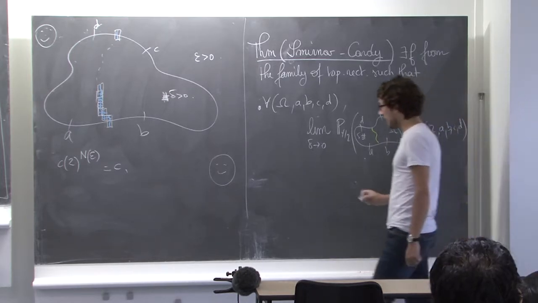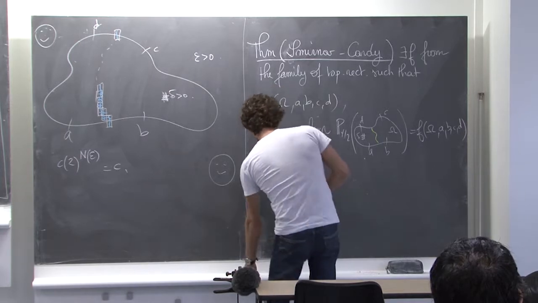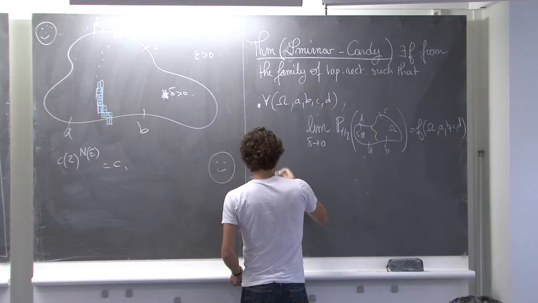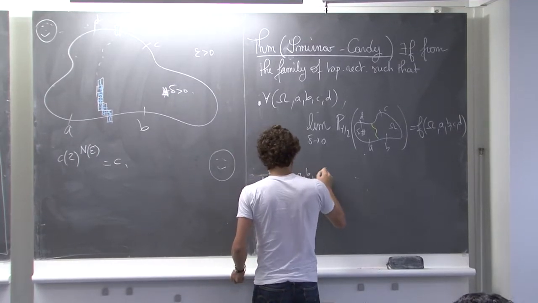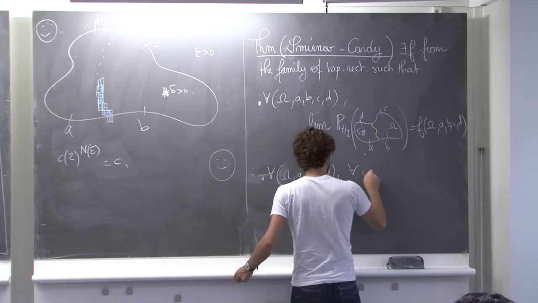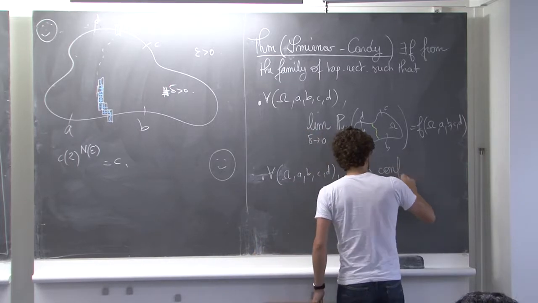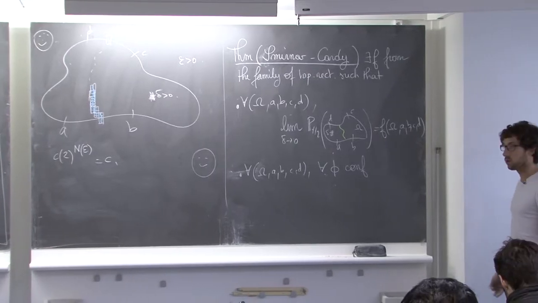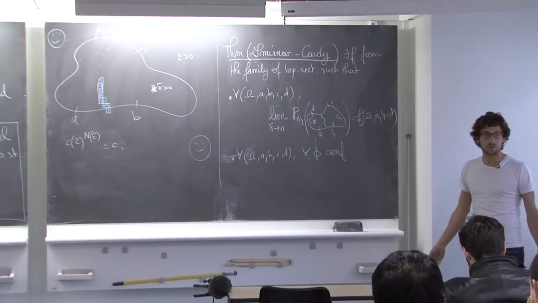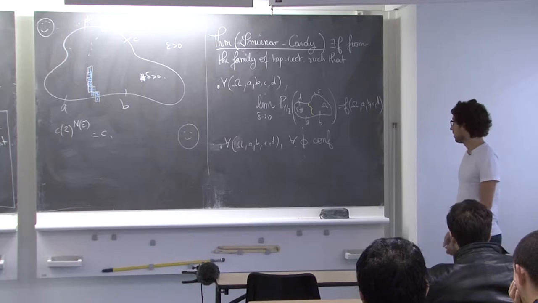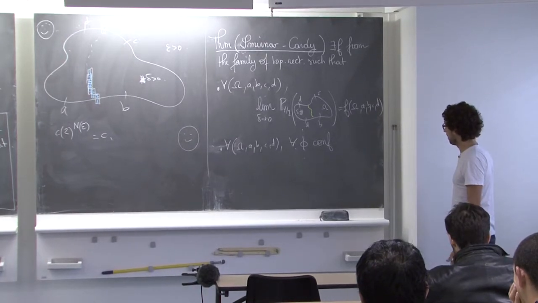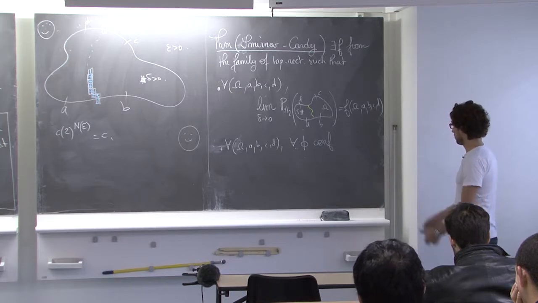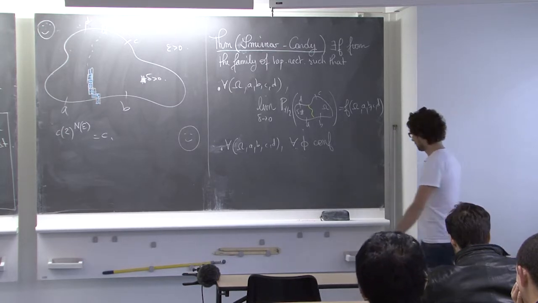But even better than that, if I take a conformal map for any omega, a, b, c, d. A conformal map is, you have different ways of defining it, but it's simply a one-to-one holomorphic map, so a one-to-one map which is differentiable in the complex sense. Otherwise, you can also see it as a map which preserves angles.